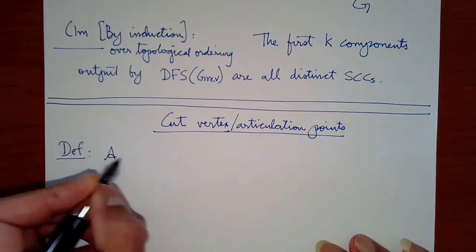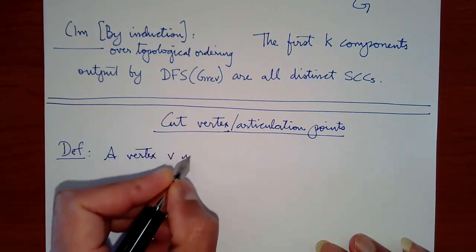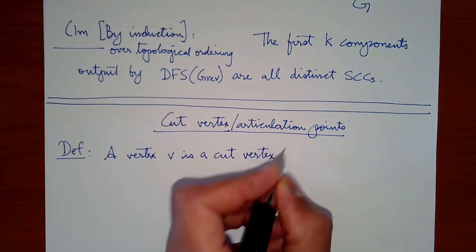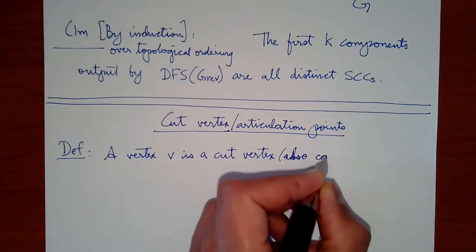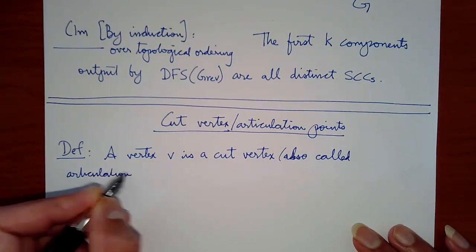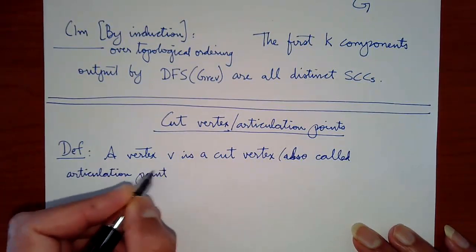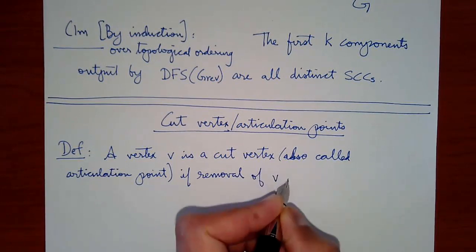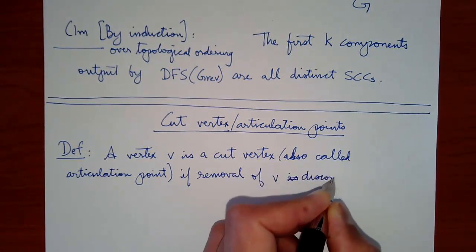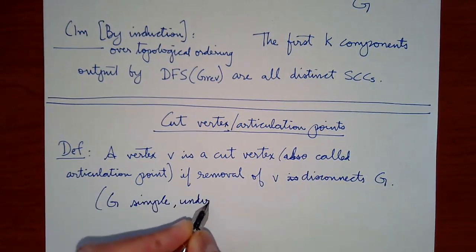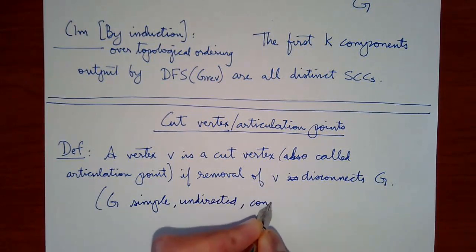So it's quite simple that a vertex V is a cut vertex, also called an articulation point, if the removal of V disconnects G. So I'm going to think of G as simple and undirected and connected.